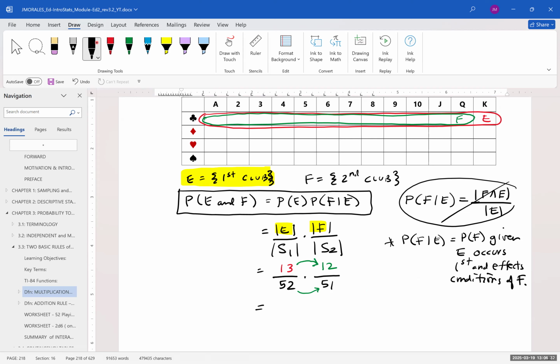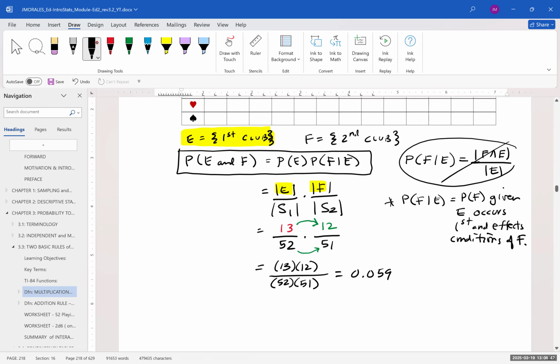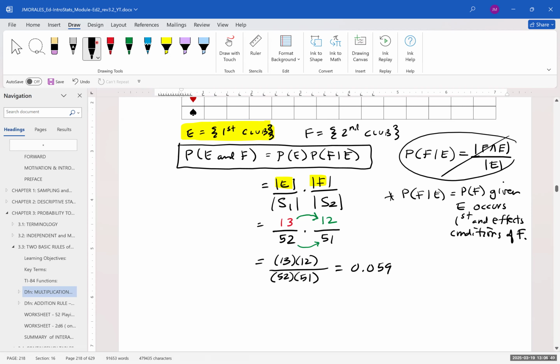Okay, and so to figure this out, this will be 13 times 12 all over 52 times 51. And that'll come out to 0.059, or the probability of E and F is 5.9%.